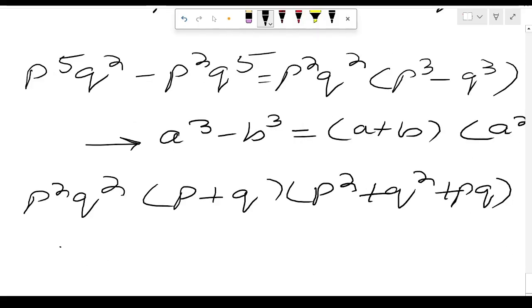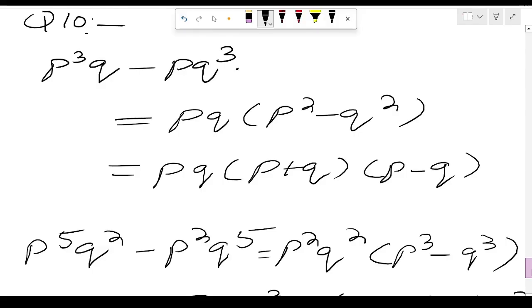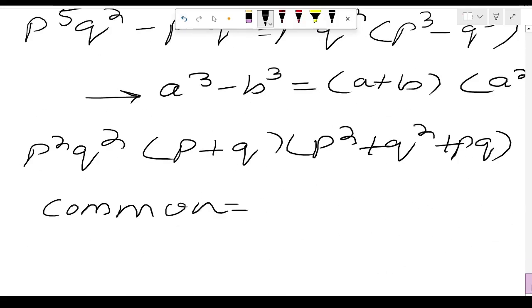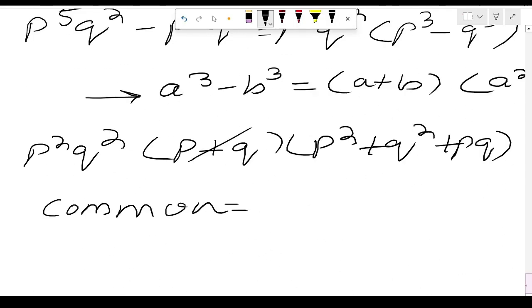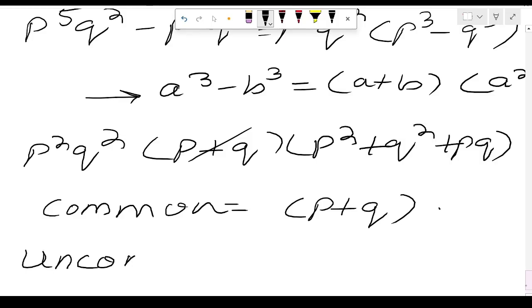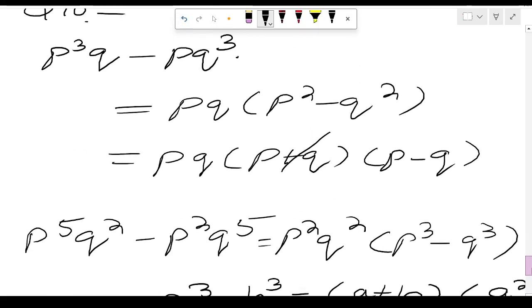Now we need to find the common, which is the HCF between them. So what will be the common factors between them? Look at the first, we have pq bracket p plus q and p minus q, and in the second we have p plus q. So p plus q and here p plus q will be taken as common factor. So I'll just write p plus q. After writing that, we will just write the uncommon factors. So what will be the uncommon factors?